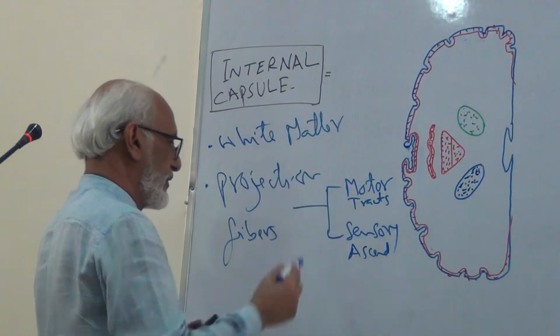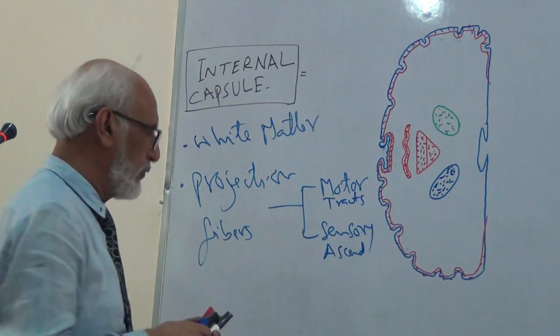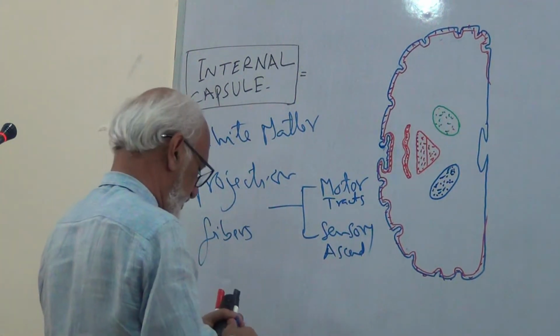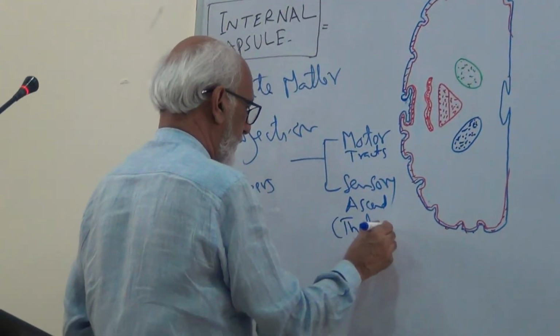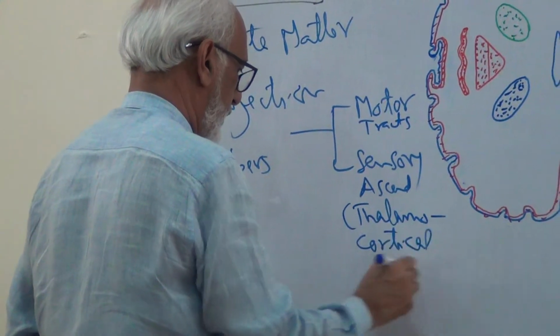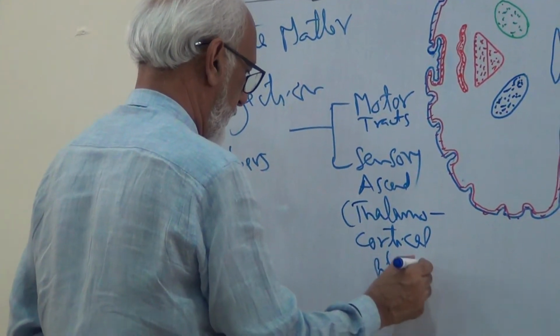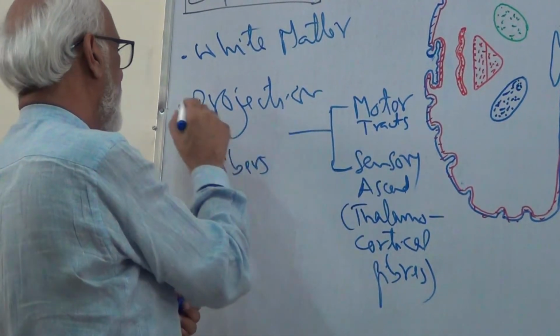There are different motor tracts which descend through the internal capsule, and the sensory tracts, they are thalamocortical fibers, which ascend through the internal capsule.